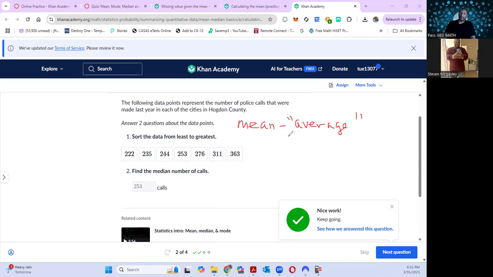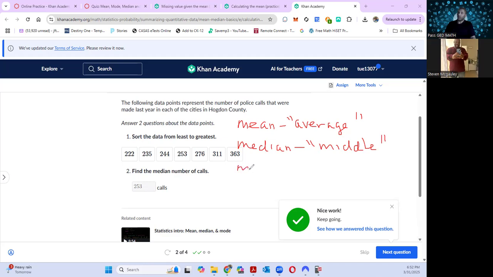Gotta know it, because sometimes they're not gonna use the word mean, they're gonna use the word average. Sometimes they're gonna use mean. What are you trying to find when you're trying to find the median? The middle number. You're trying to find the middle.